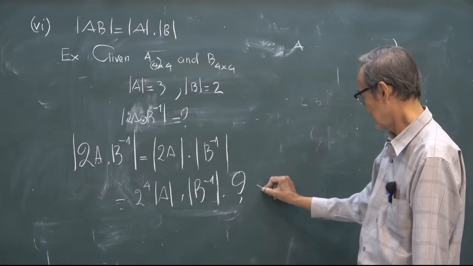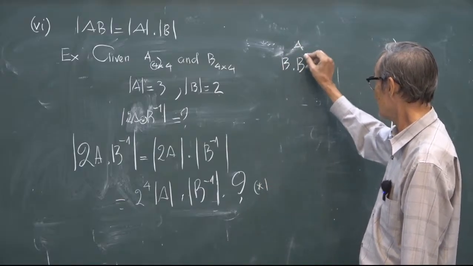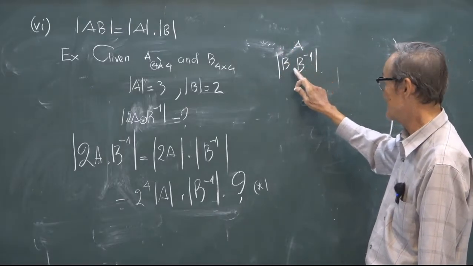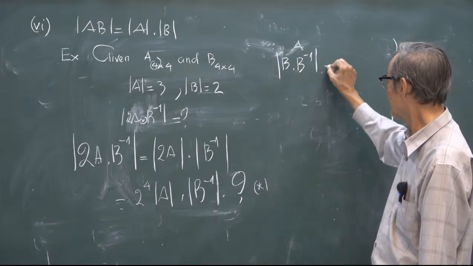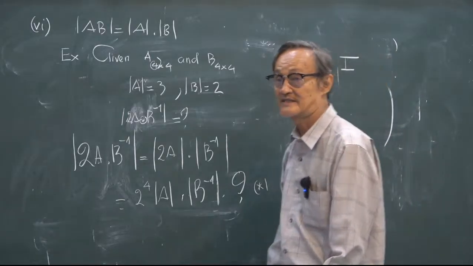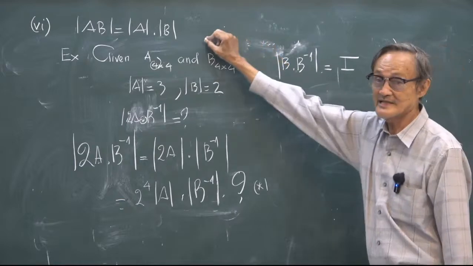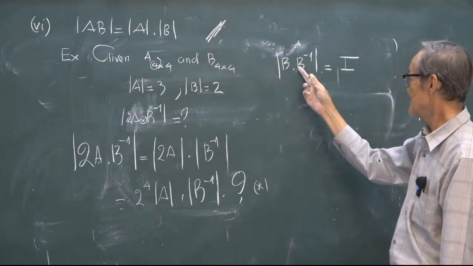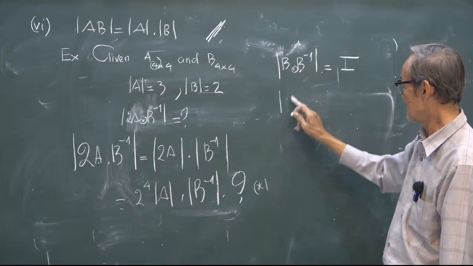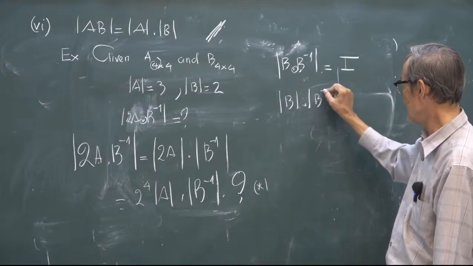We have B times the inverse of B. By definition equals I. Okay. And use these properties to separate the sign of multiplication. B inverse.